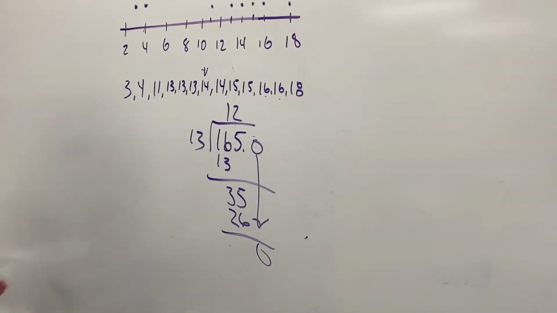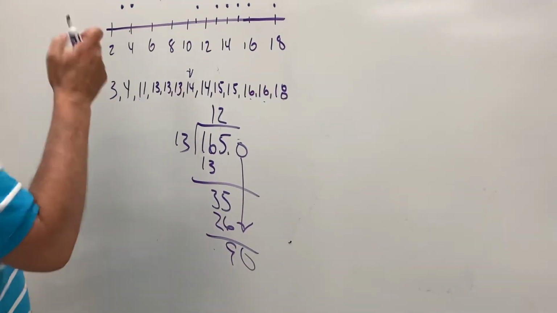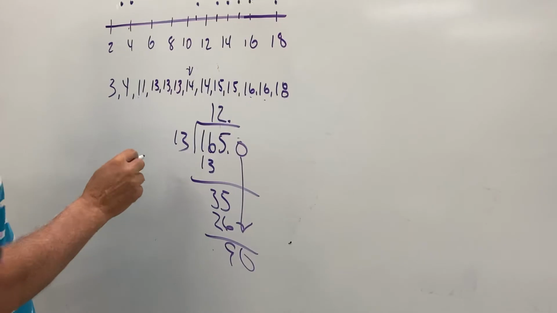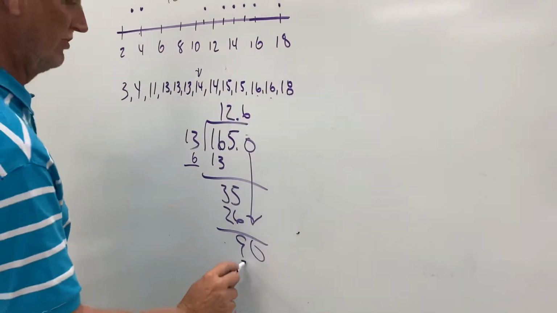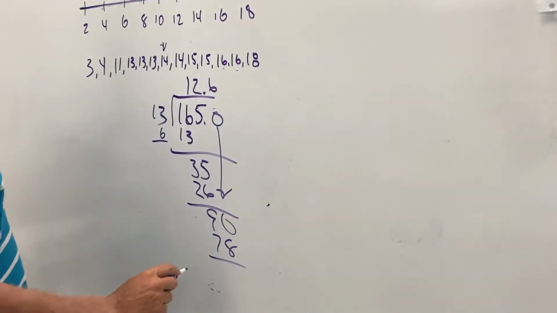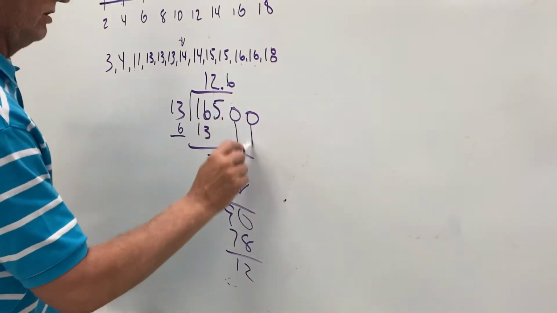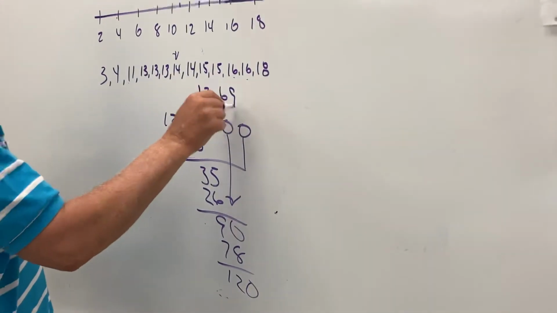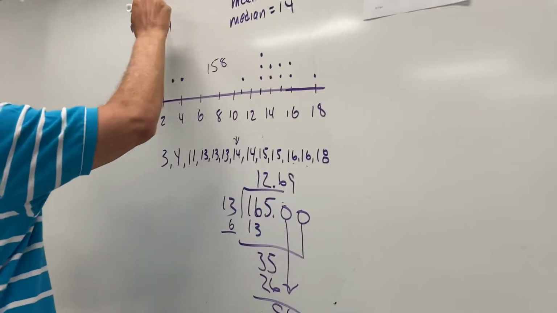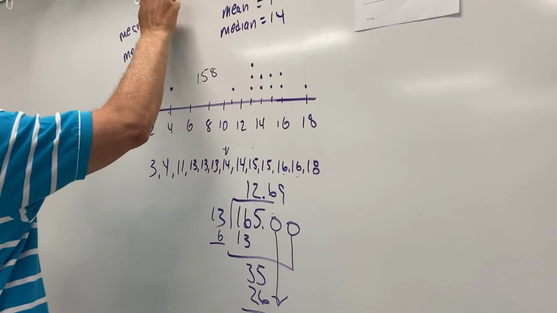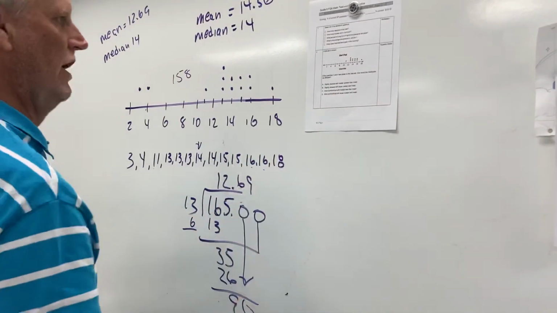That's going to be 90. 13 goes into 90 6 times, which is 78. End up with 120. So it goes in 9 times. So the mean is now 12.69. So now we're going to read the possible answers, right?